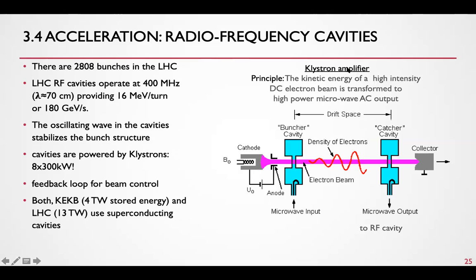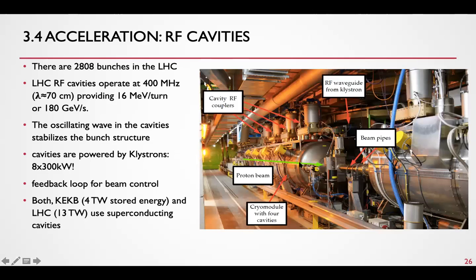So to sum it up, the klystron uses a continuous electron beam to imprint a microwave frequency, so a very high frequency density wave that you then pick up with a catcher cavity, and this you use to accelerate the primary proton bunch, in this case in the LHC, but it works the same way in almost all the colliders. In fact, I'm not aware of any other acceleration principle.